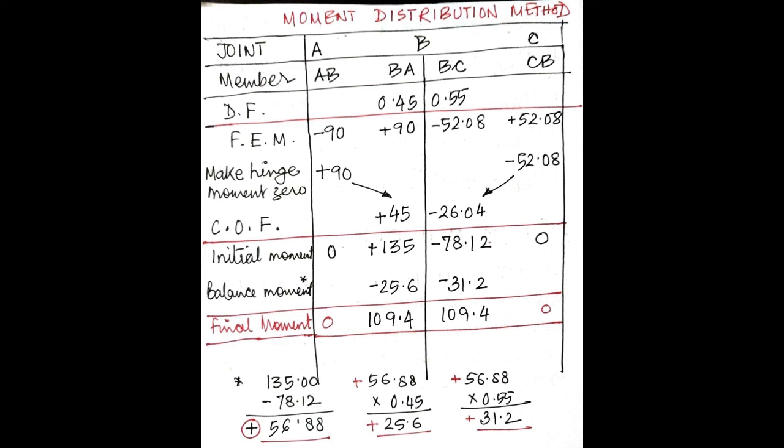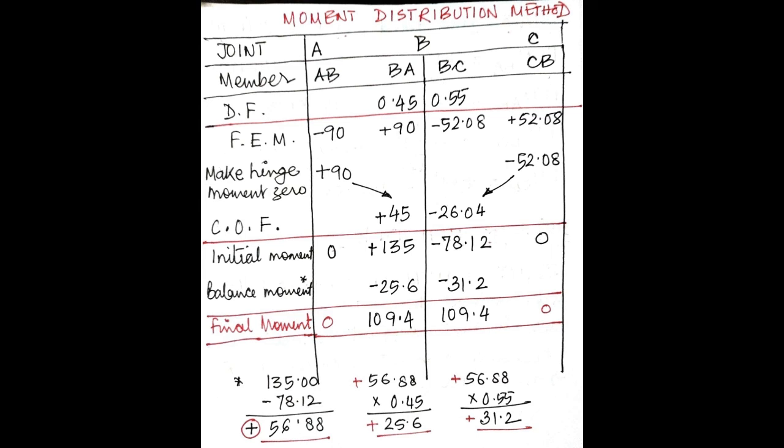Okay. Now the next step is you have to balance the moment according to the distribution factor. See, you should understand the meaning of what we are doing and why we are doing it, so then it will be easier for you to remember the steps in sequence. Why are we balancing the moment? See, if you concentrate on the joint B, there are two members connected, right?